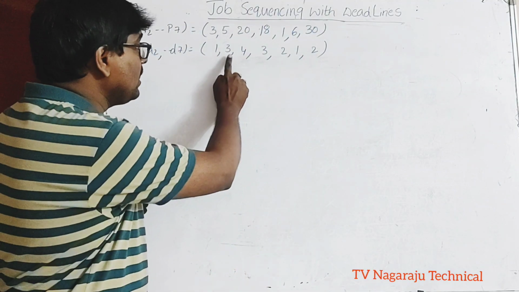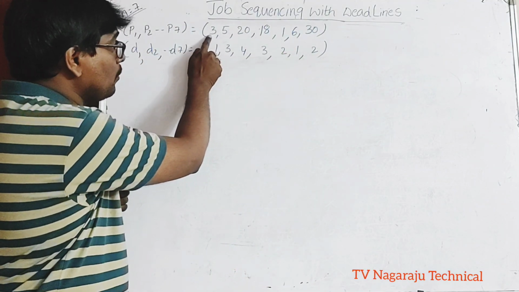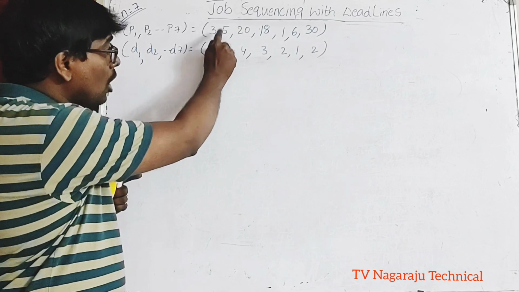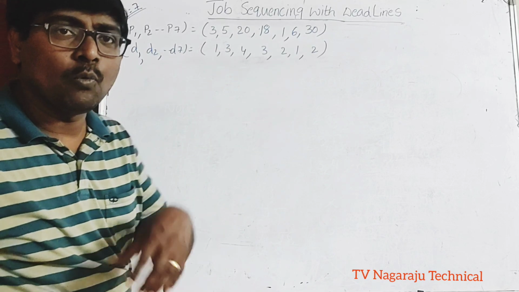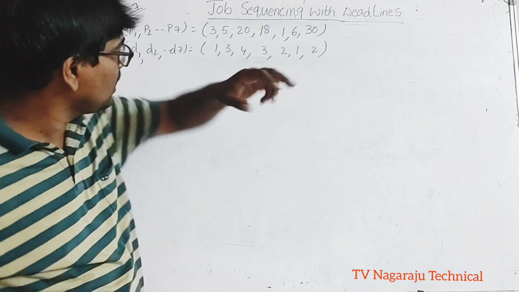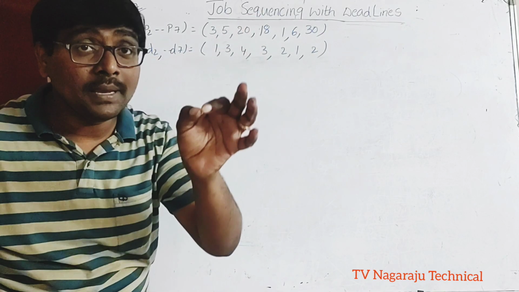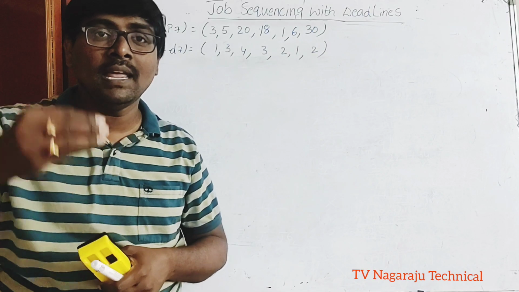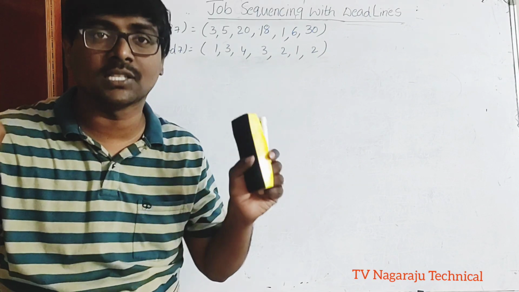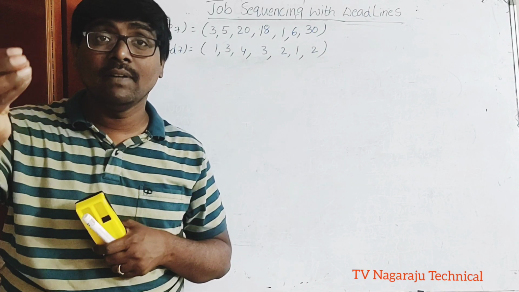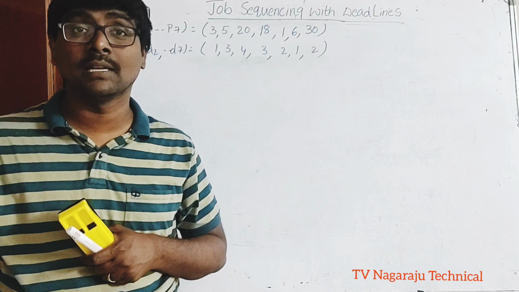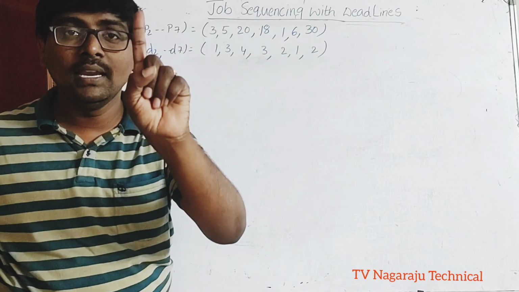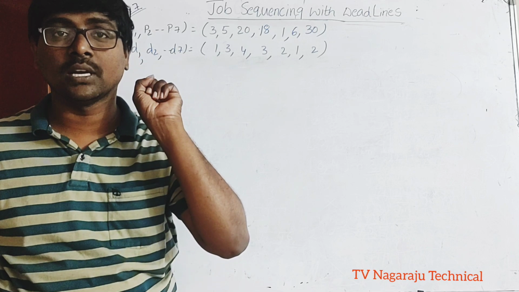Anyway, they are given the deadlines. For example, 3. This is job 1. The deadline is 1. Job 2. The deadline is 3. What is the meaning of this deadline? Suppose deadline is 3, means for executing job 2, they are given a maximum of 3 seconds. But remember, each job needs only 1 second for execution.